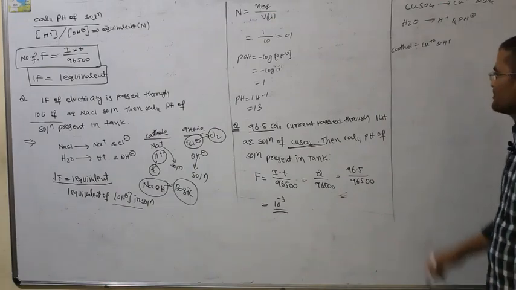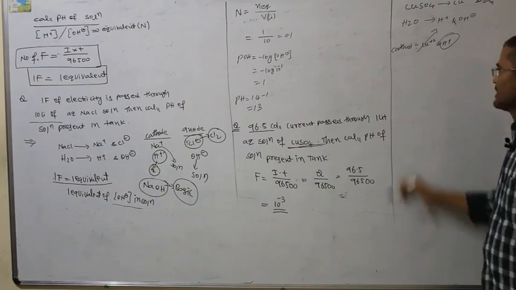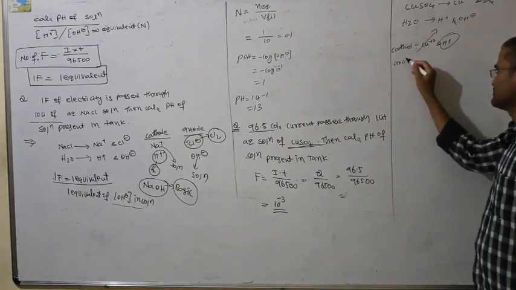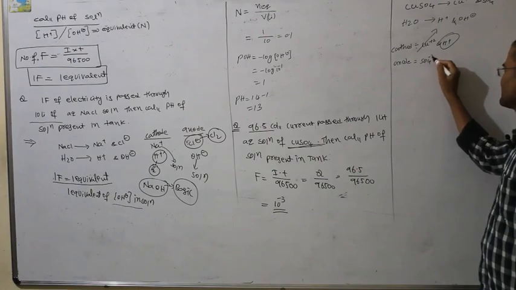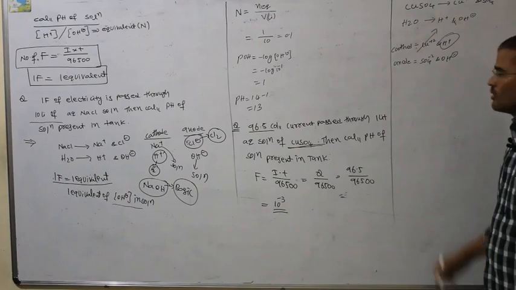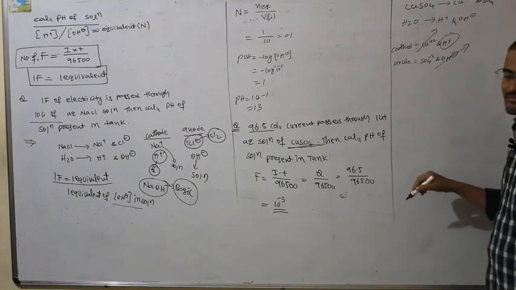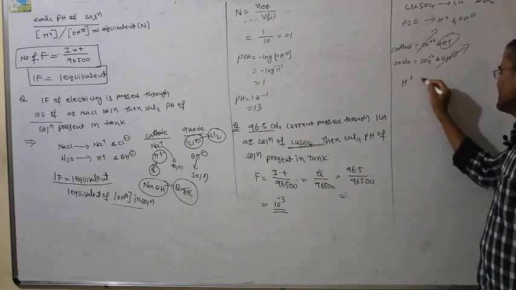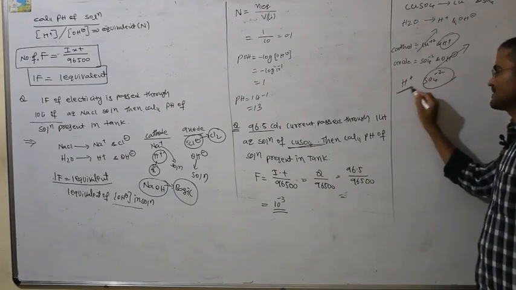As per cation deposition order, copper plus 2 will go, H plus will remain. At the anode we have sulfate and OH minus. Among these two, OH minus will undergo oxidation, sulfate remains. So in the solution what remains is H plus and sulfate. With sulfate we have no problem, only H plus.